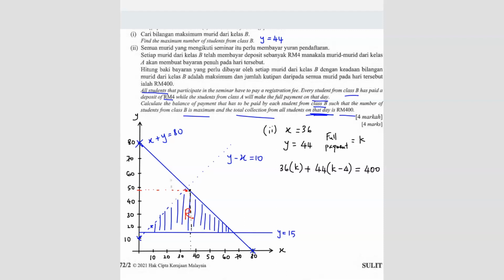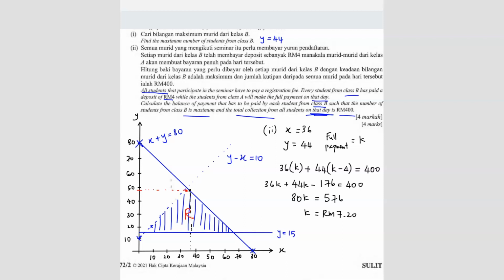So we're going to expand this. You get 36K plus 44K minus 44 times 4, which is 176. 44 plus 36 gives you 80. Equals 400 plus 176, you get 576. So K equals 576 divided by 80, which gives you RM 7.20. So we know that the maximum full payment would be 7.20.